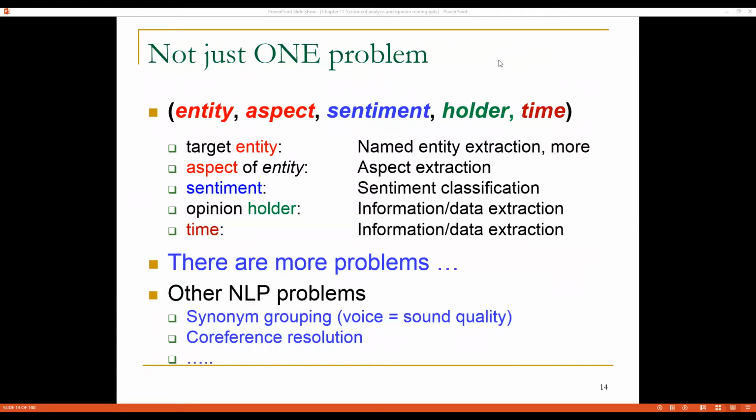You may have an entity name that is given by the user, but there's also an entity expression that is the actual word or phrase that appears in the text, and the same thing goes with the aspect. So we have synonym grouping, which here shows that voice can be synonymous with sound quality. Also co-reference resolution.